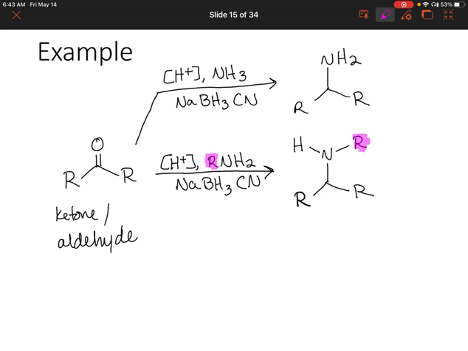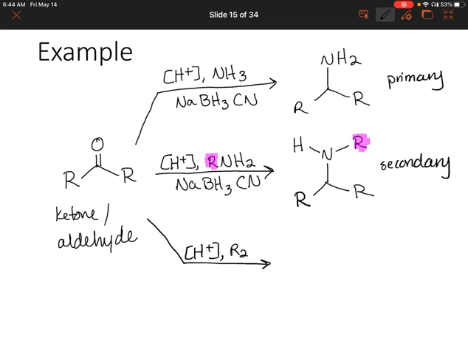So now we have a secondary amine. So our first one was a primary amine. Now we formed a secondary amine. And you can probably guess that if we use a secondary amine in our reagents, we're going to end up with a tertiary amine in our products.